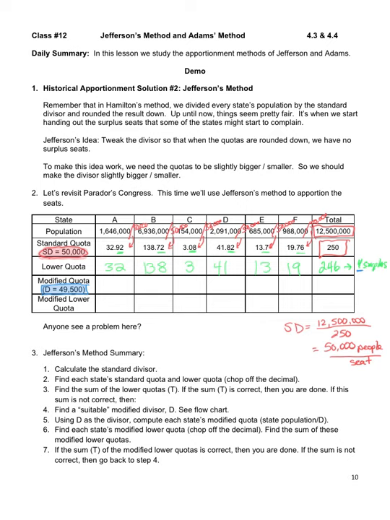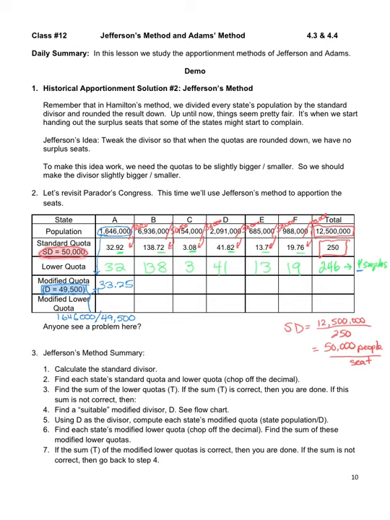So if we take the state's population and divide it by 49,500, we get a modified quota of 33.25. Again, I'll write this out for A: we're taking the state's population and dividing it by this new, modified divisor. And that's giving us this new modified quota.